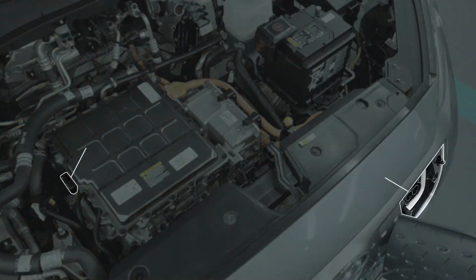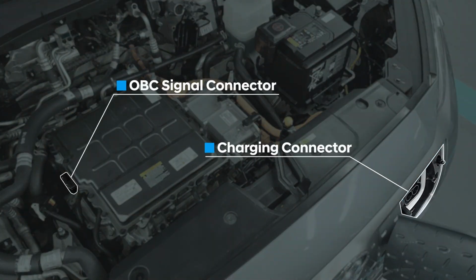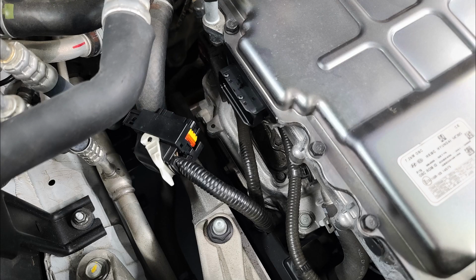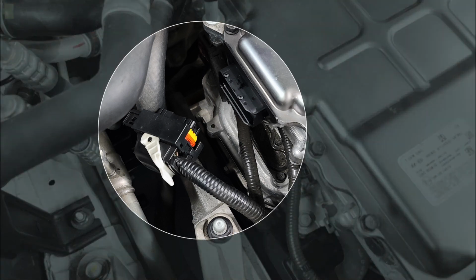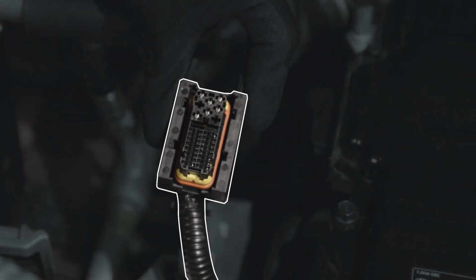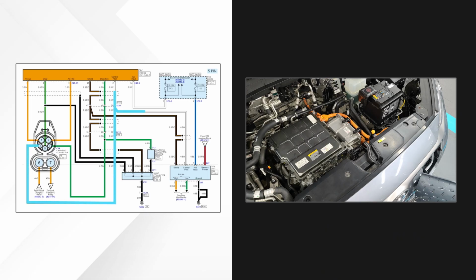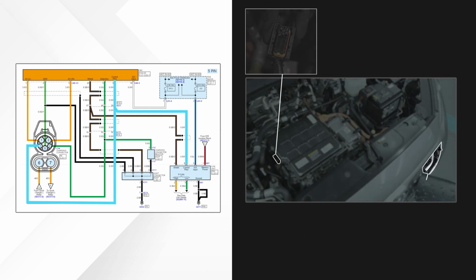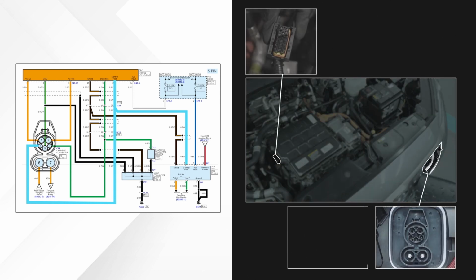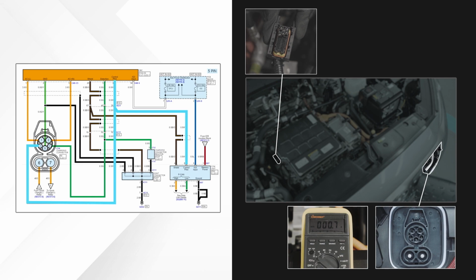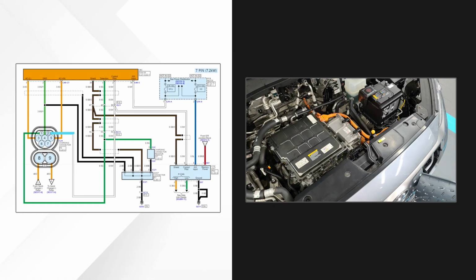CP line inspection for the EV inlet side is the same for Combo Types 1 and 2. After disconnecting the OBC signal connector, measure the CP line end resistance of the inlet side and OBC signal connector side. If it is less than 1 ohm, it is normal.